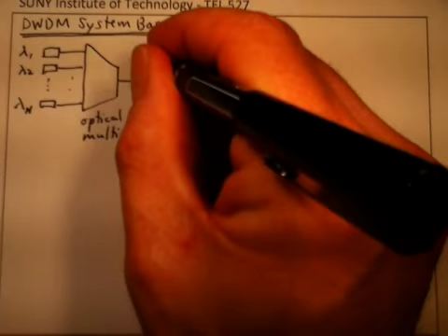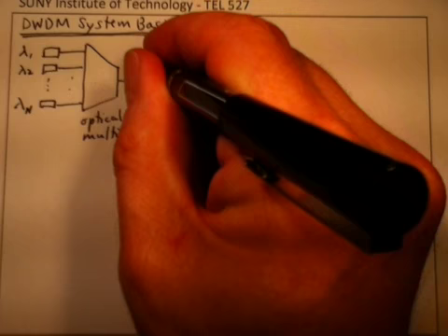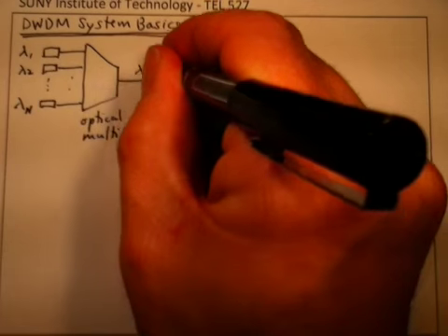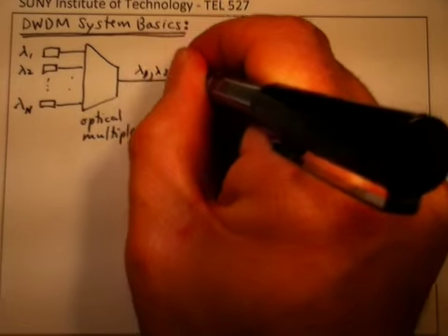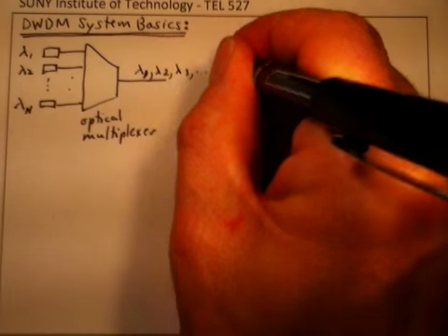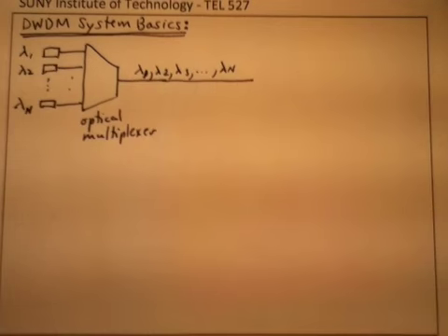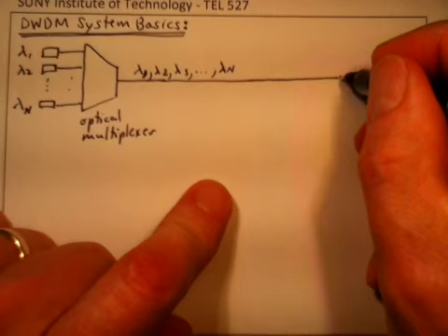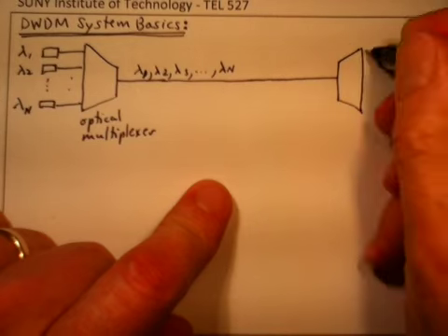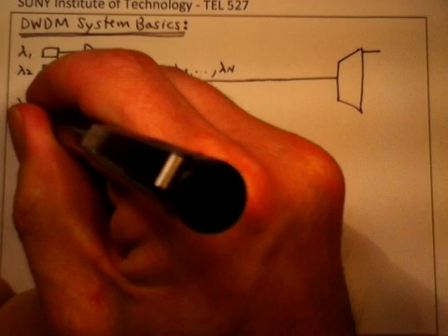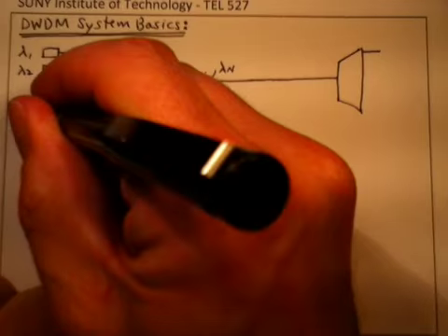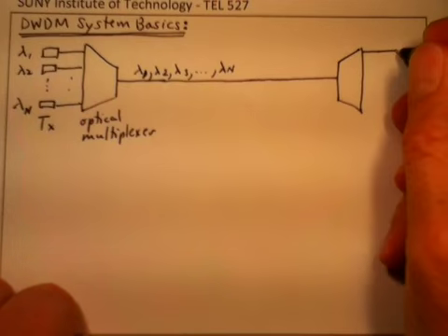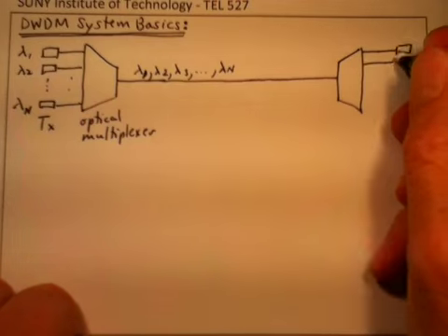And on this output fiber we have all of these wavelengths simultaneously being transmitted. And then at the other end of the line we have an optical demultiplexer which splits them out. So these are all transmitters over here, and it splits them out into a whole bunch of different receivers.